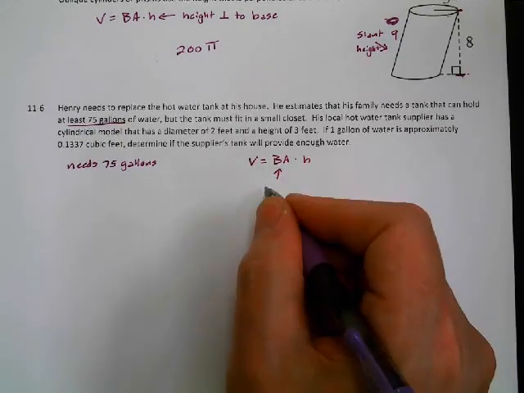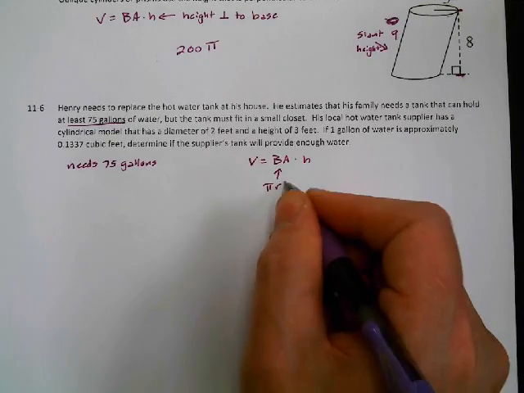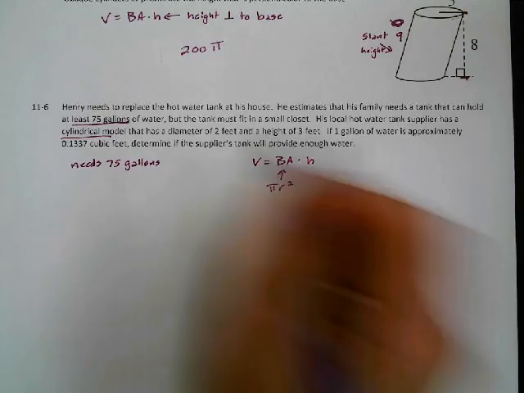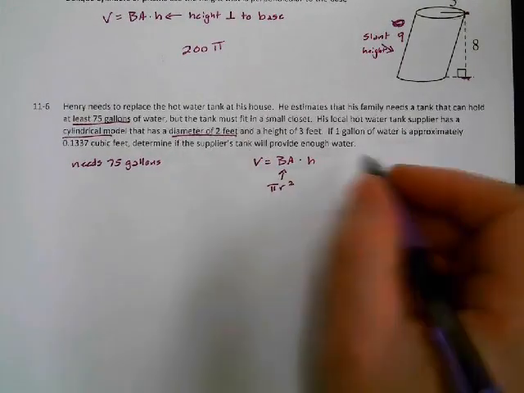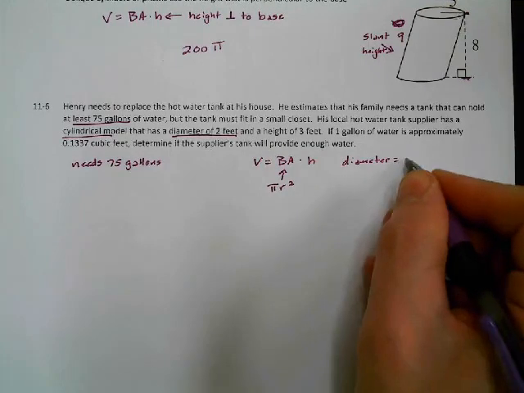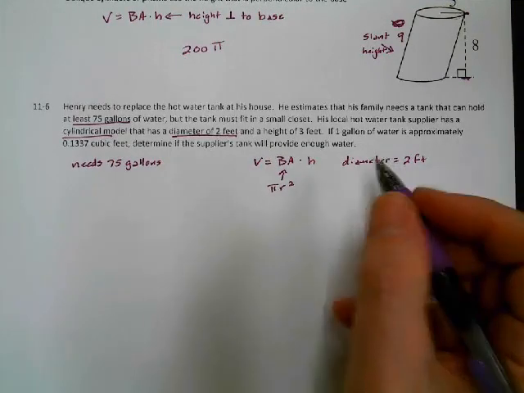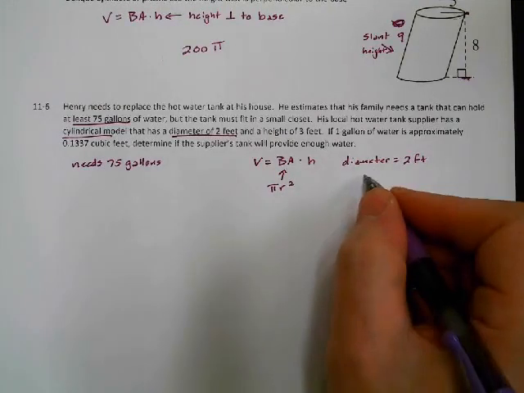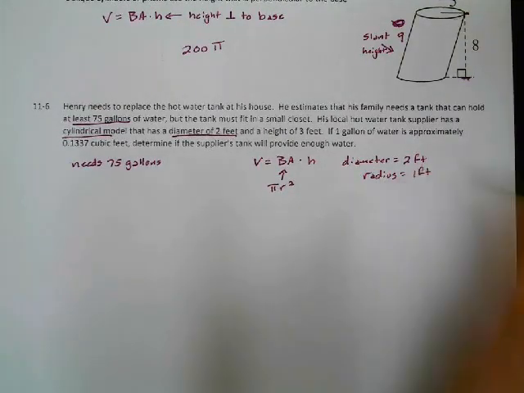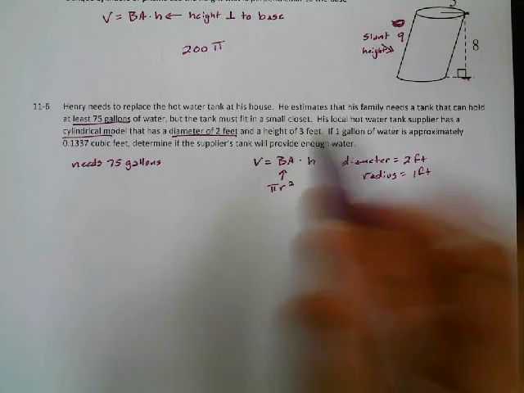Okay, so it's cylindrical. It has a diameter of 2 feet. Diameter is 2 feet, but our formula uses radius, so I better write the radius is 1 foot. And the height is 3 feet. I got everything I need.